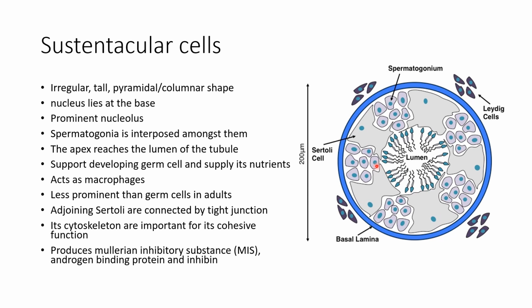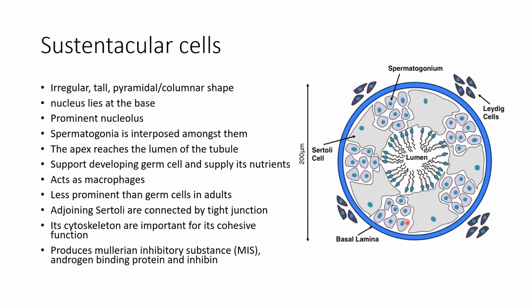This cytoskeleton is probably what enables it to give the level of support it gives to the germ cells, and they produce a substance called the Mullerian inhibitory substance. They also produce androgen binding protein, and also inhibin. Of course, it's not exclusive to them, but it's part of the things that they produce.